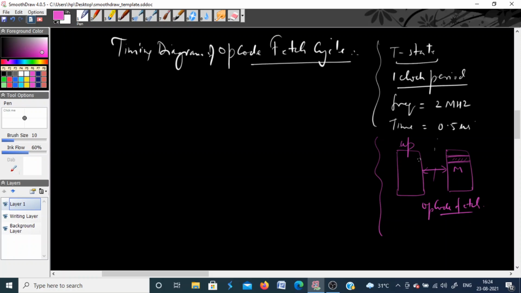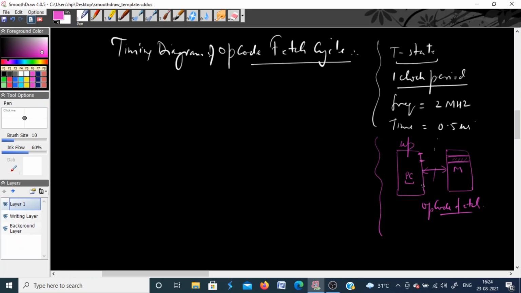So now you already know what the communications are. We will just plot them in a diagram. That is what is called a timing diagram. So the first thing the processor will do: you have the address bus and data bus which are multiplexed. The program counter will hold the address of the memory location where the opcode is stored, and after that the ALE signal will get activated.